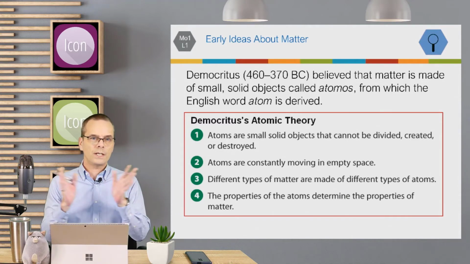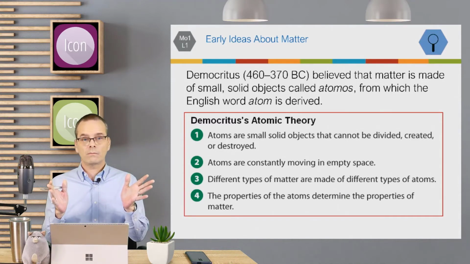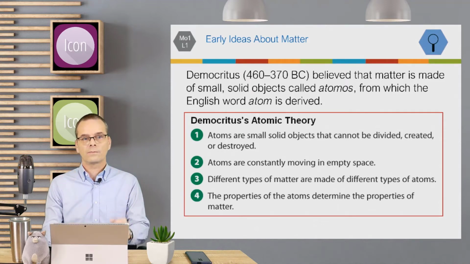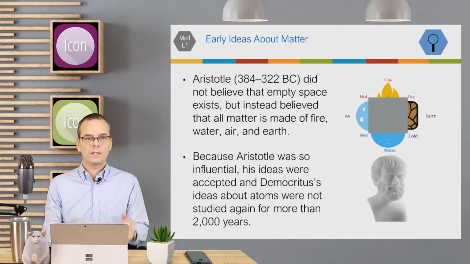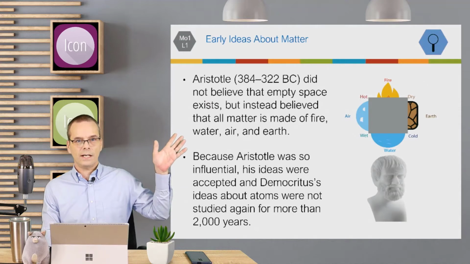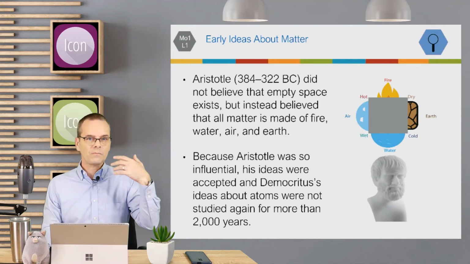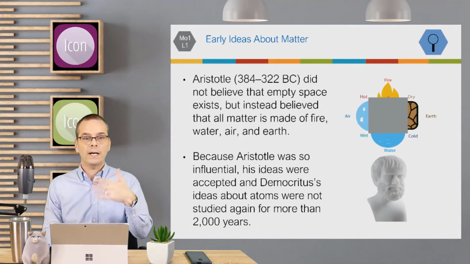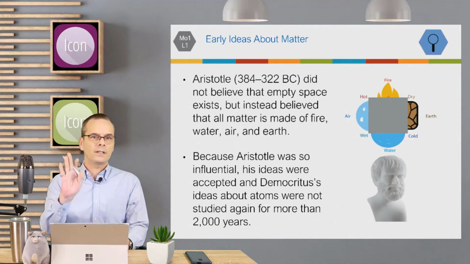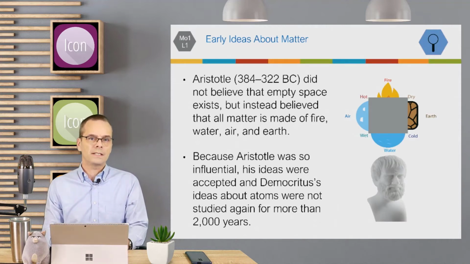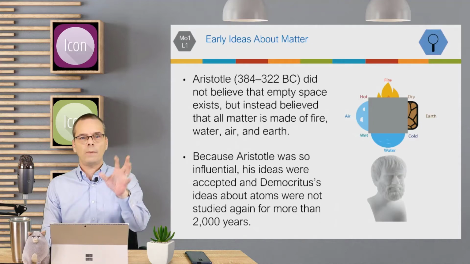So here's this guy 2,000 years ago, and he was pretty spot on. He was very close. But what happened was, everybody knows Aristotle. Aristotle was much more influential. Everybody knew him. And he said, no, there is no empty space. Instead, all matter is made up of the four elements: fire, water, air, and earth.